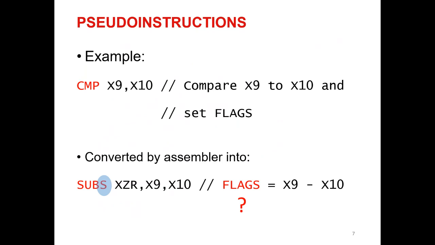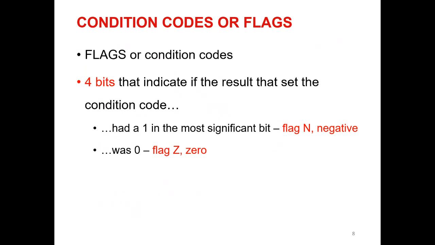If the result of this subtraction was a negative value, we will have the flag N set. Similarly, we have the flag Z, which means that if I subtract register 10 from register 9 and the result is 0, this flag will be set. That means that both values are equal. We can use this flag for this, which is actually what is happening with the compare pseudo instruction.